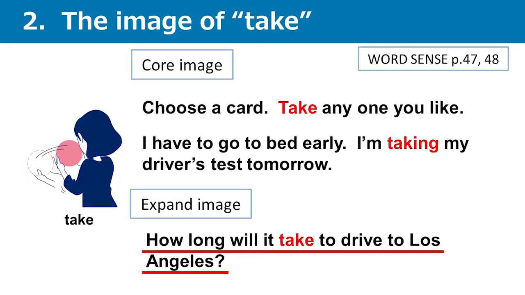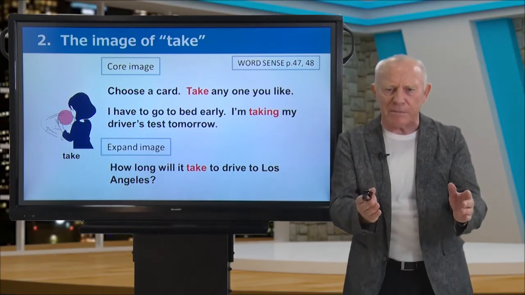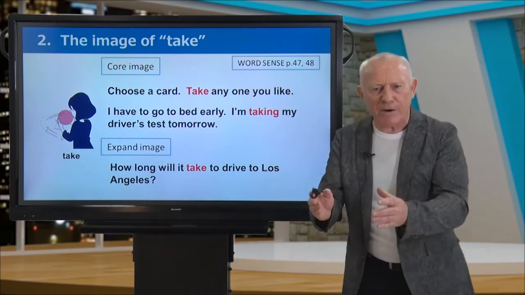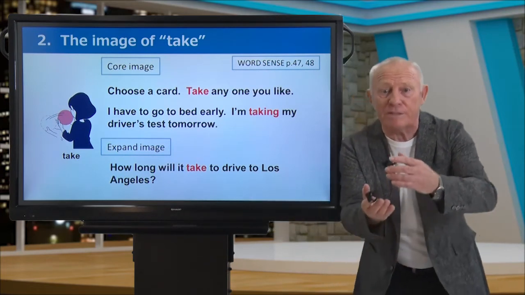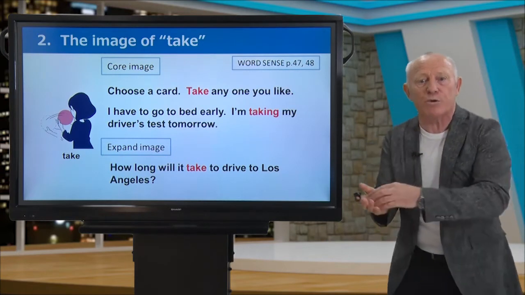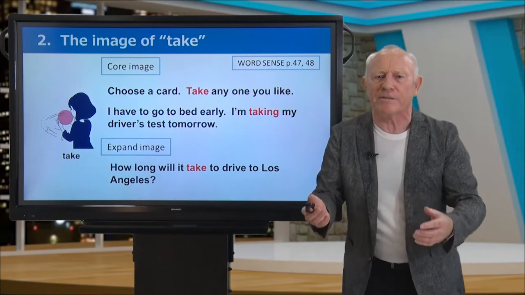And the last one, how long will it take to drive to Los Angeles? Well, here we have to imagine a block of time, 30 minutes, 1 hour, 6 hours, and you put that block of time into your hand, and therefore we say, how long will it take? It will take 2 hours, it will take whatever time, okay?